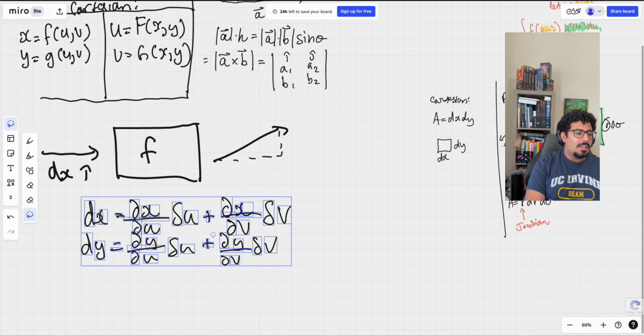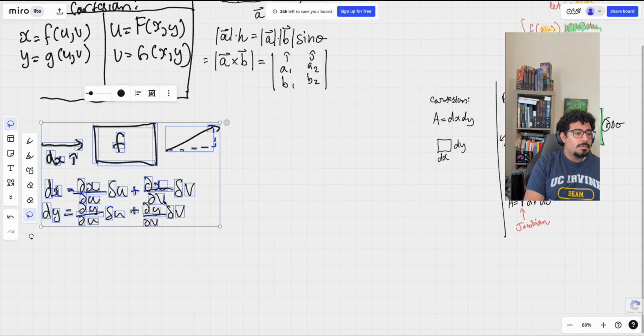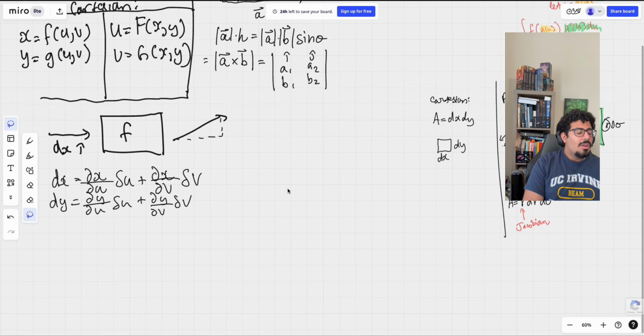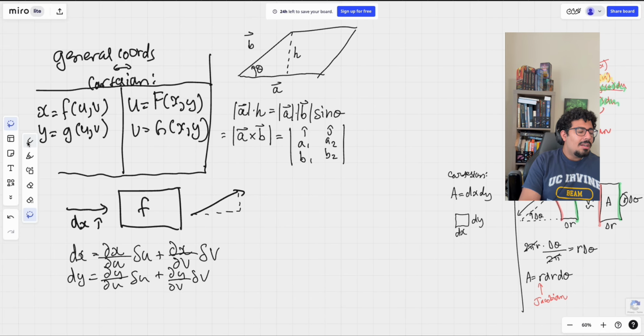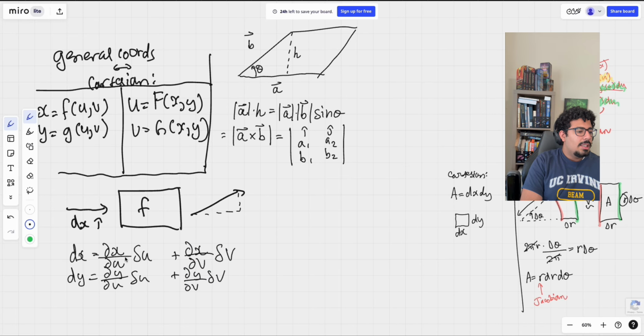Okay, so we're almost done. We figured out how to write dx and dy in terms of u and v, and now we can see that this is the x component of the transformed i hat vector, and this is the y component of the transformed i hat vector, so that's j hat.